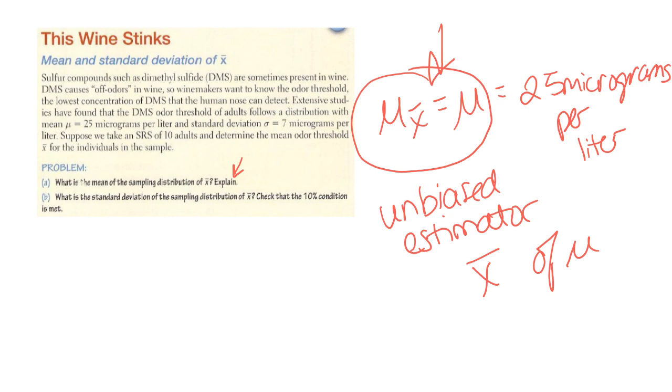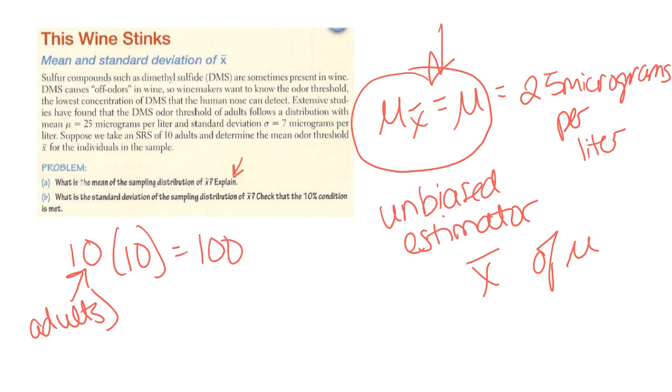The next question is the standard deviation of the sampling distribution, and I need to double check that the 10% condition is met. So to check my 10% condition, 10 times 10, the number of adults, equals 100.